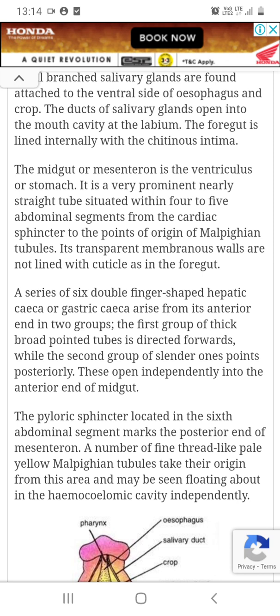Its transparent membranous walls are not lined with cuticle as in the foregut.